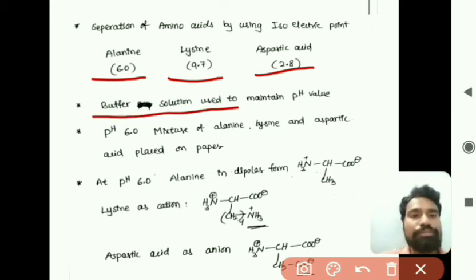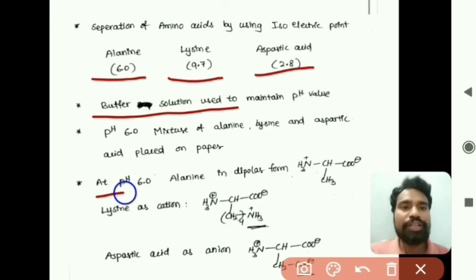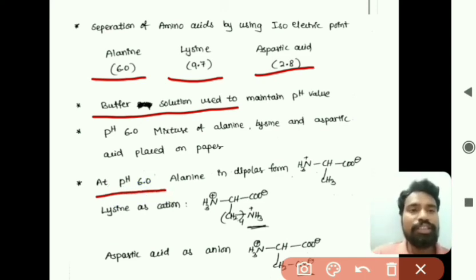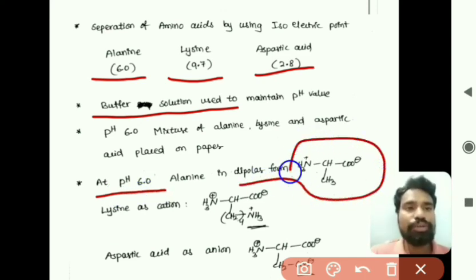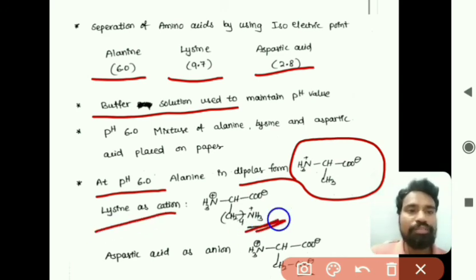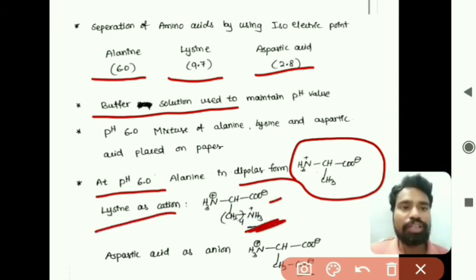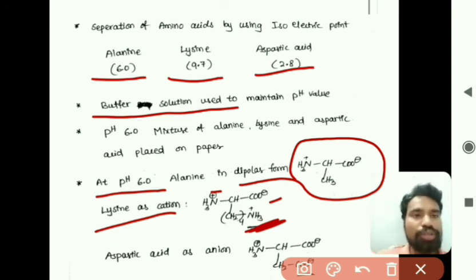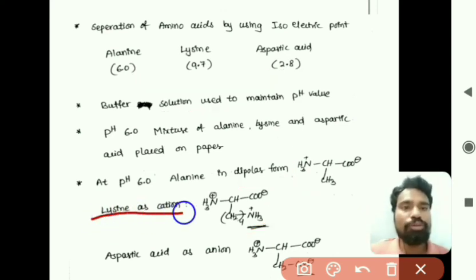So here at pH value 6.0, alanine is in the form of a dipolar ion because it is a neutral amino acid, right? And lysine is in the form of a cation. As the amine group is a basic group, it accepts one proton, so that it is in the form of a cation.